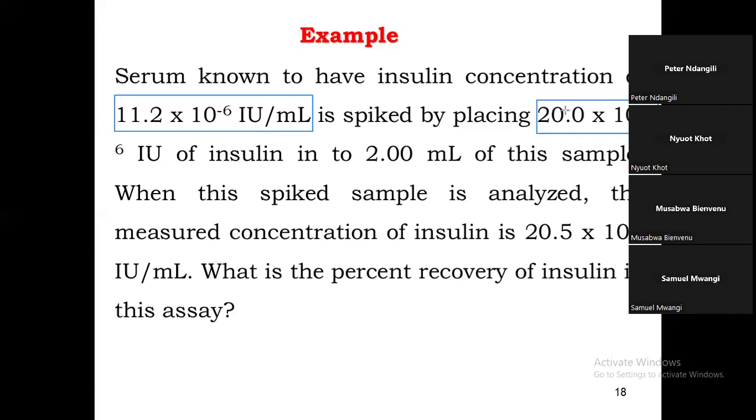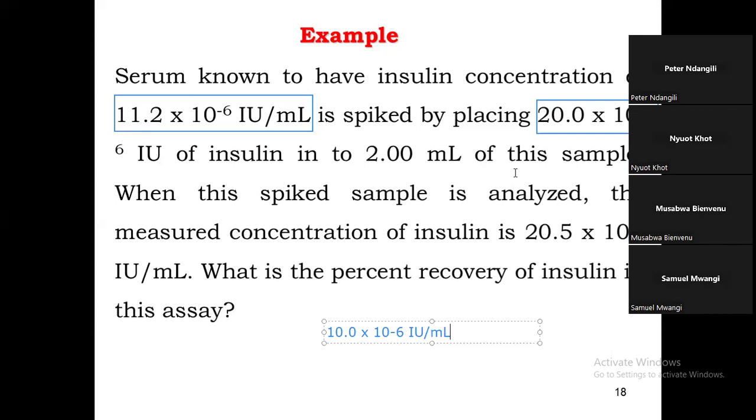If this is 20 in 2 mils, then it translates into 10 per mil. That is 10 times 10 to the power negative 6 international units of insulin per milliliter. So in terms of concentration, what you have spiked is actually 10.0 times 10 to the power negative 6 international units per milliliter.